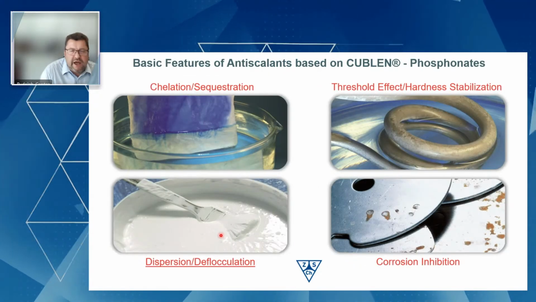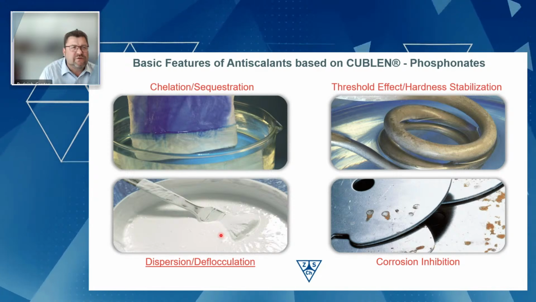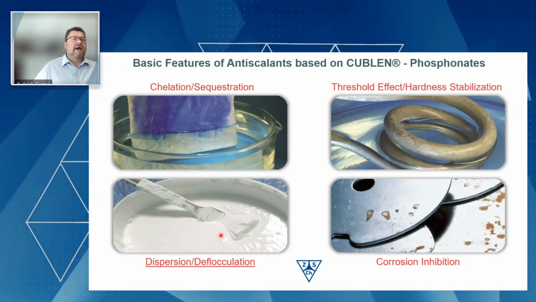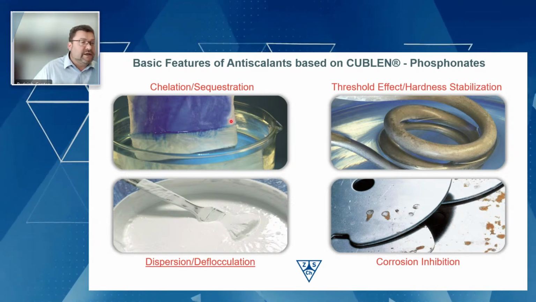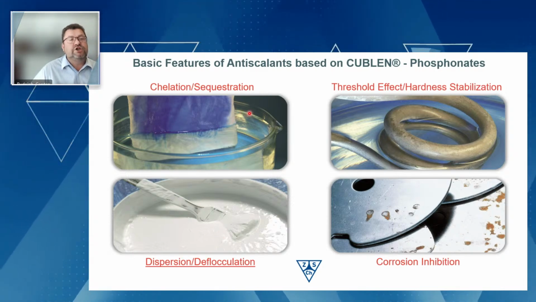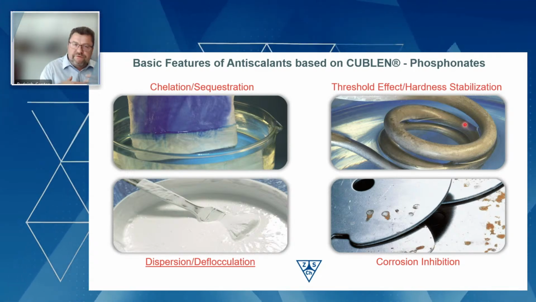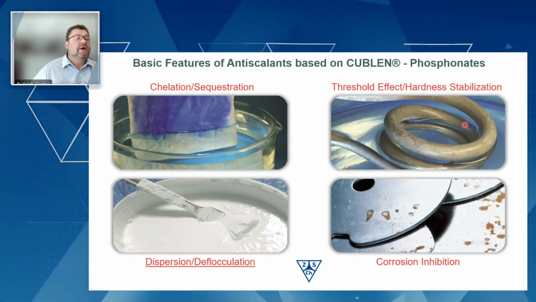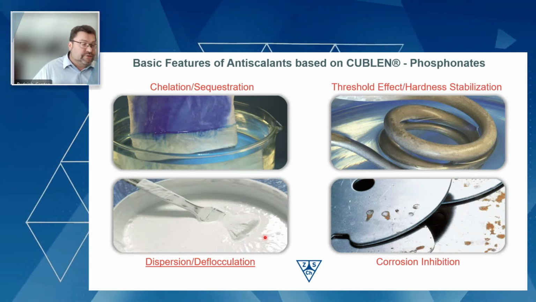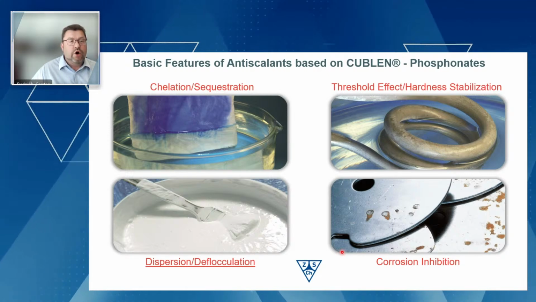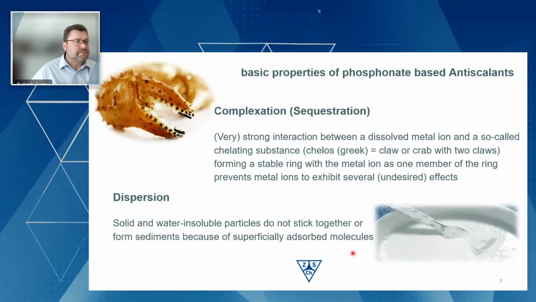In fact, from this series of antiscalants, we have four basic properties. The first one is chelation or sequestration, followed by hardness stabilization. That means the prevention of incrustation. Also dispersion or deflocculation is of importance, and corrosion inhibition or passivation.